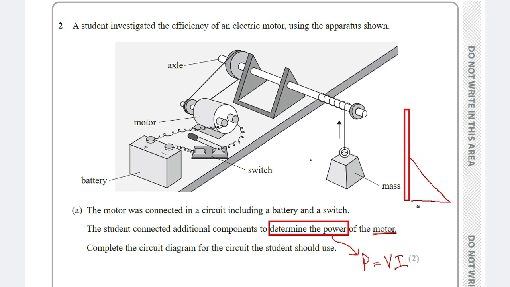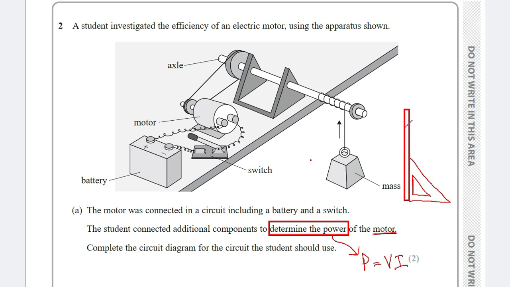You use a set square. Then you have to keep the meter rule very close to the mass. Otherwise, you'll have a very large parallax error. And speaking of parallax error, you have to take readings perpendicular to the scale to avoid this parallax error. And so that the ruler stays in a fixed position, you have to clamp it as well.